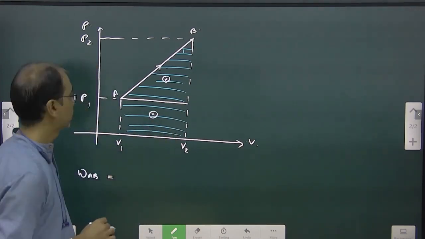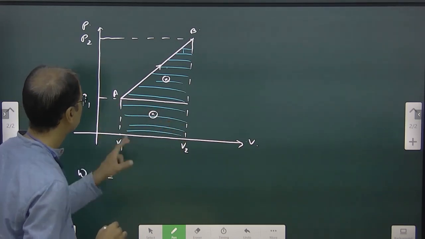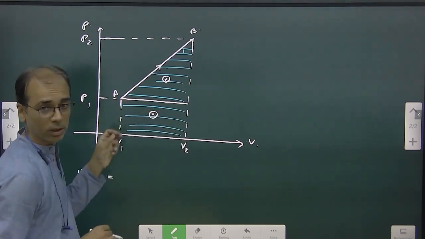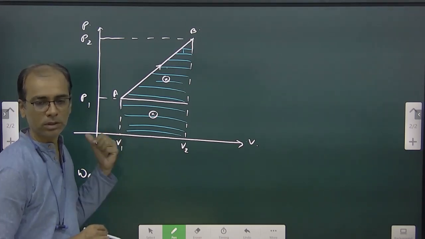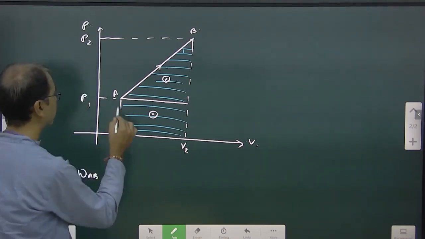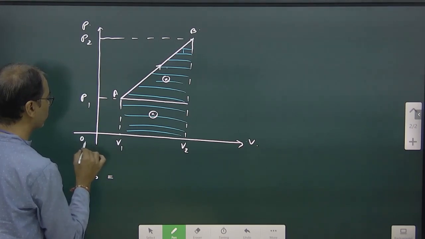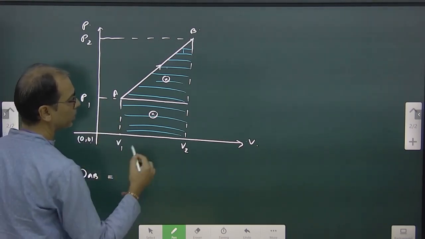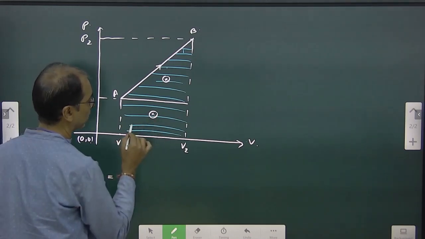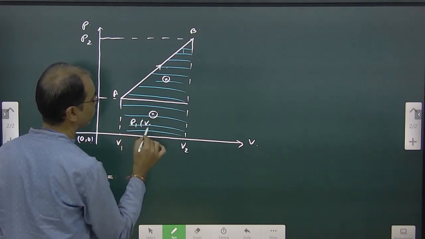Rectangle's area is length into breadth, or height into width. Height is P1, because this is the origin for you, and the width is V2 minus V1. So its area is P1 into V2 minus V1.